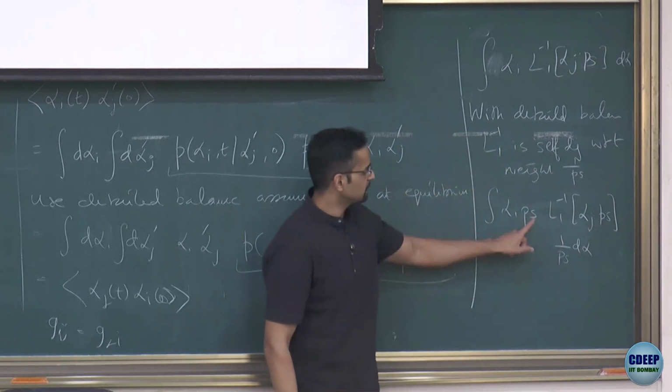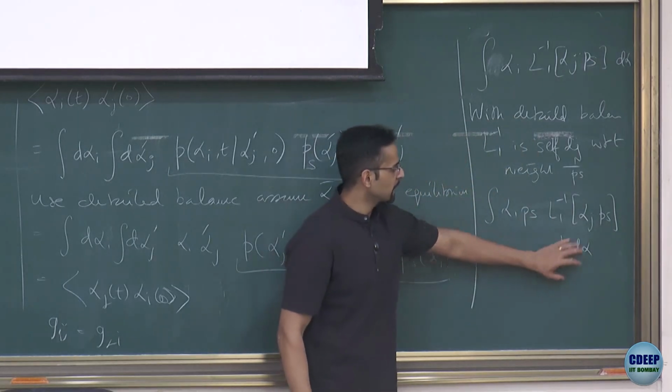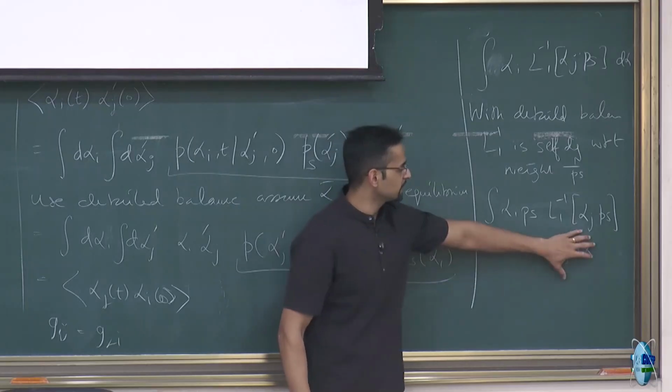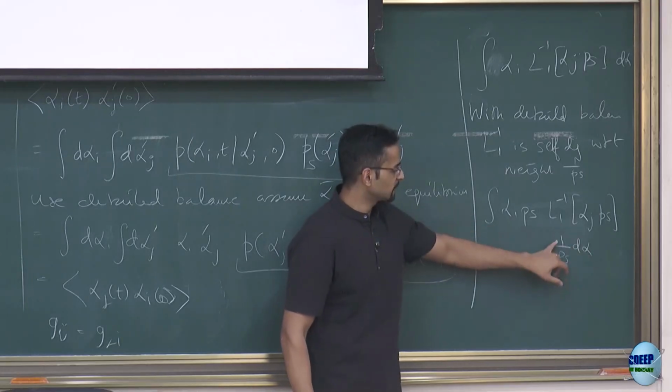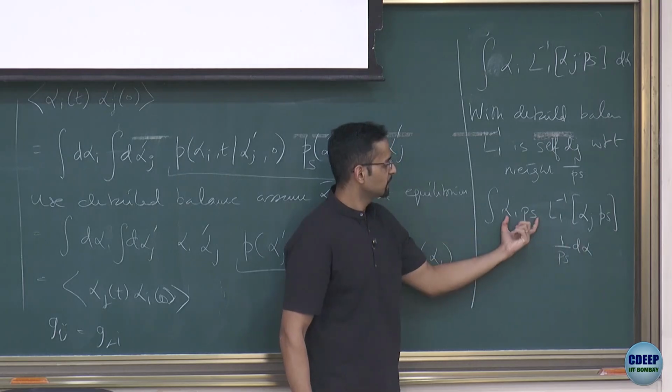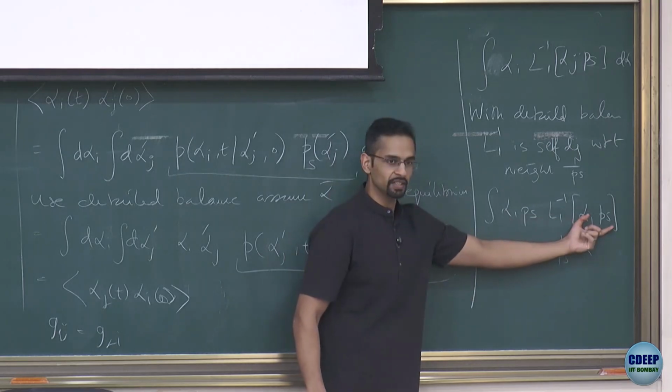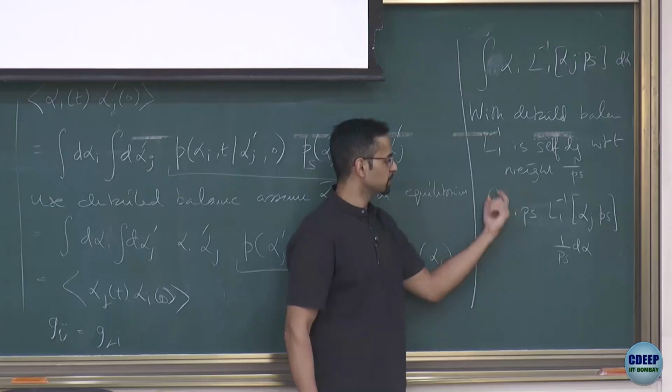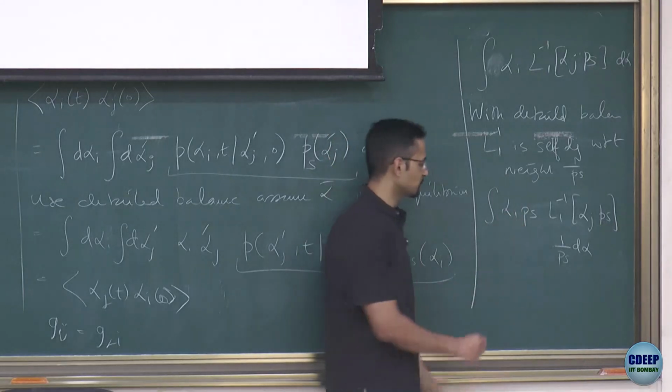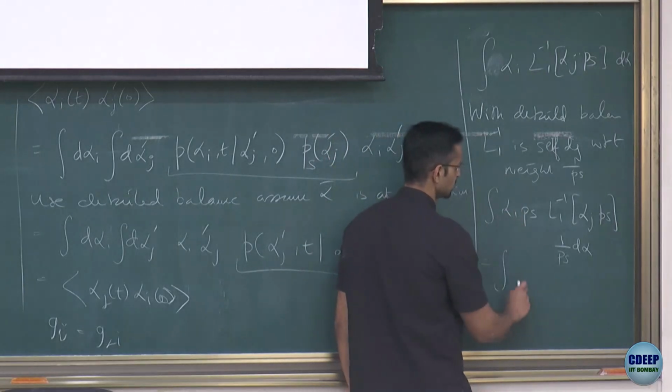This 1 by PS I keep like a weight. Then you will see that this is just an inner product with respect to this weight of this times L1 inverse acting on that. Because it's self-adjoint, I can flip this to the other side.